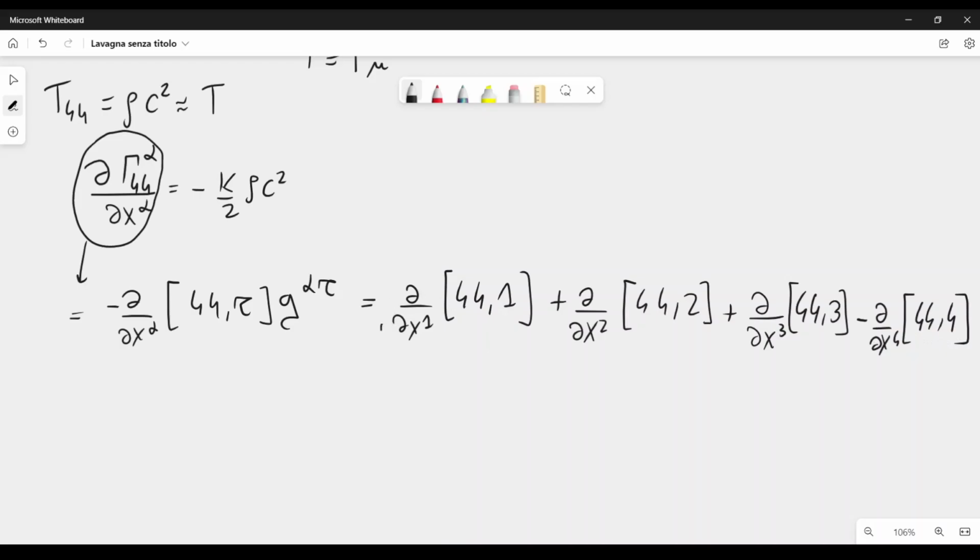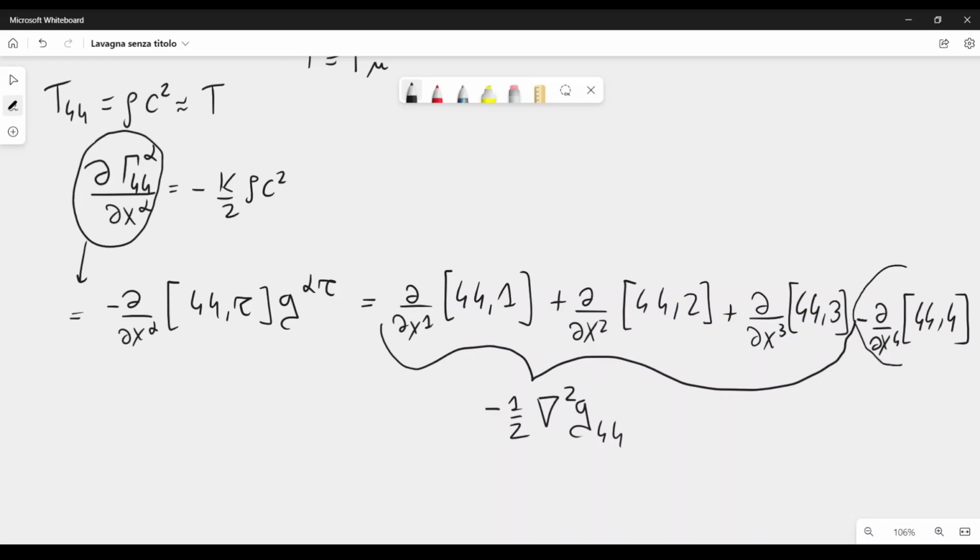and these three terms, if we put these three terms together with the approximations considered, they are simply equal to minus 1/2 del squared, so the Laplacian of g44, whereas this term here will be negligible according to what we have said earlier.